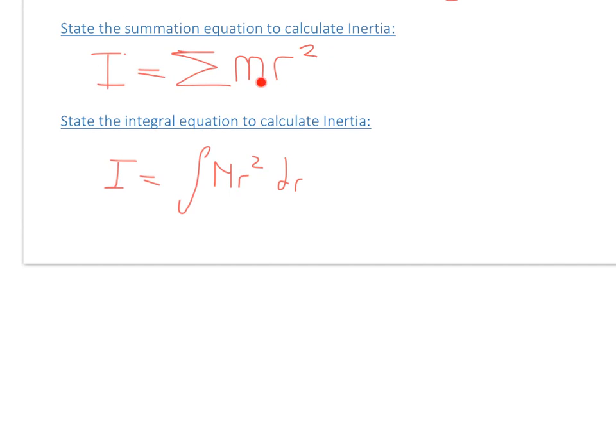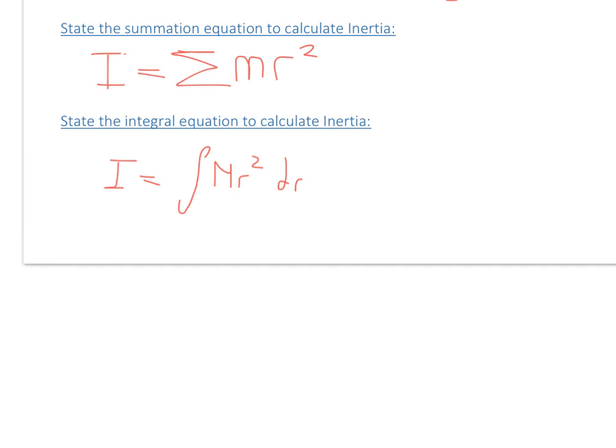But it also tells you that where the mass is located is important as well. So if your mass is located further away from the point you're rotating about, that means you have a bigger r, which means you have a bigger moment of inertia. Or conversely, if you locate your mass close to the axis of rotation, that has a small moment of inertia.